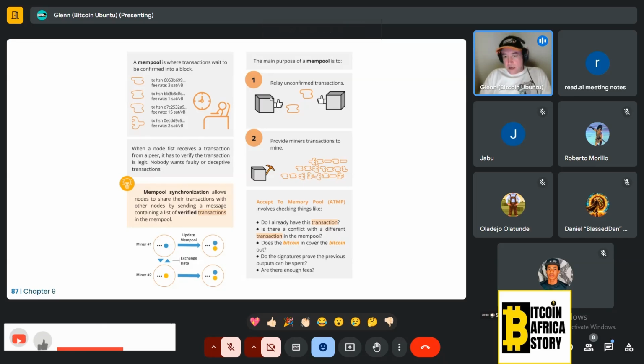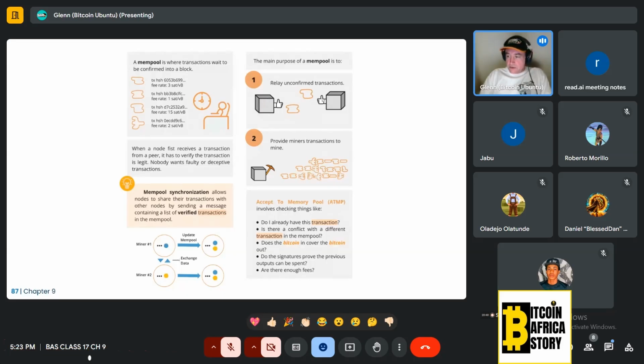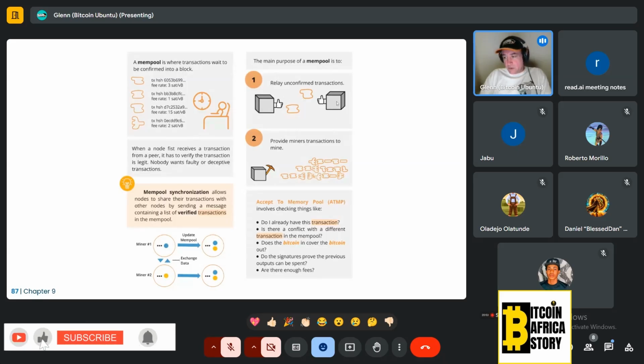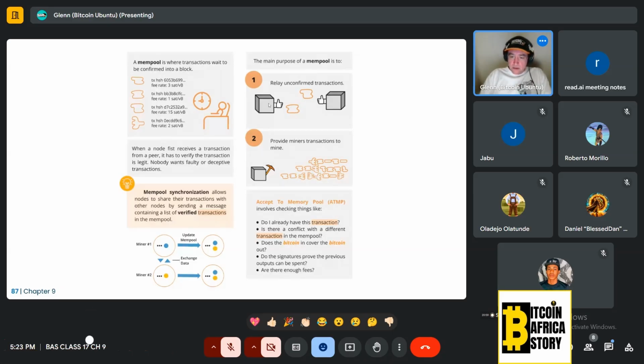So when you and I each run a node, our nodes will share transactions with each other that aren't already in one another's mempool, and this happens all throughout the network. So that provides miners transactions to mine.